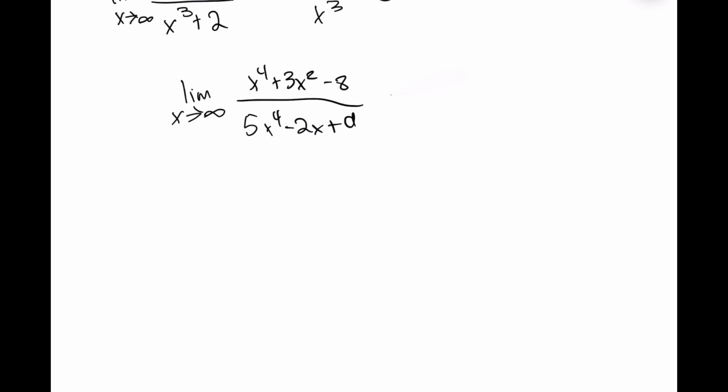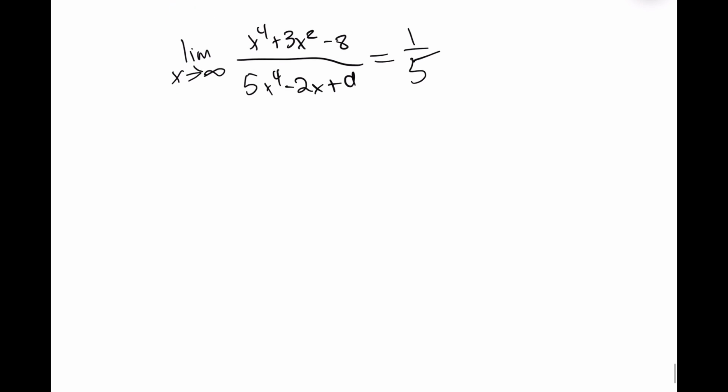So, the degree on top, 4. Degree on bottom, 4. What happens? Cancels each other out. What happens now? 1/5. What is the limit? The limit of this function is equal to 1/5 as x approaches infinity. And actually positive or negative infinity.